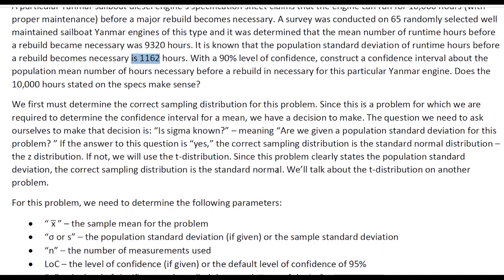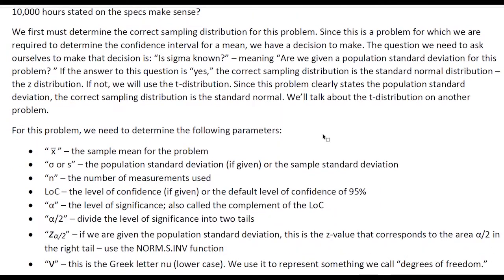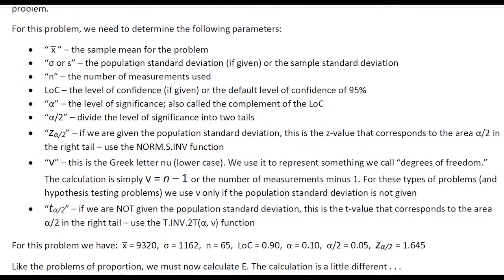For this problem, we need to determine the following parameters. X bar, which is the sample mean for the problem, either sigma or S, so either the population standard deviation or the sample standard deviation. N, which is the number of measurements used, the number of people surveyed, number of engines in this case that are surveyed.